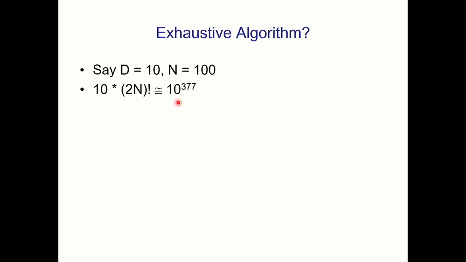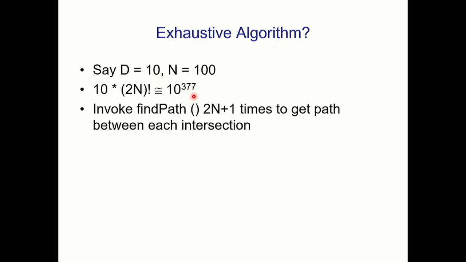You're going to get a very big number, 10 to the 377, okay? So for each one of these combinations, you're going to invoke the find path 2N plus 1 times. Why? Because you're trying to find the path to go from one intersection to the other using the algorithm that you built in milestone 3.